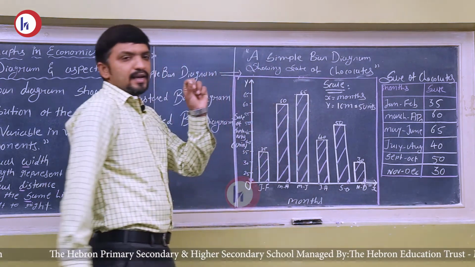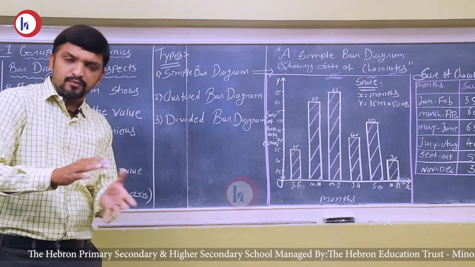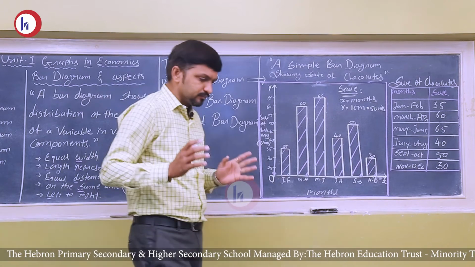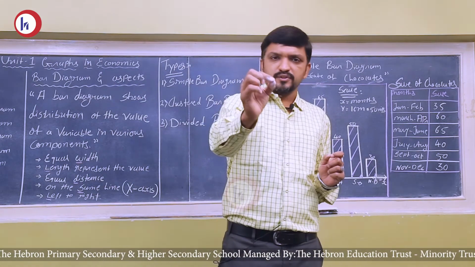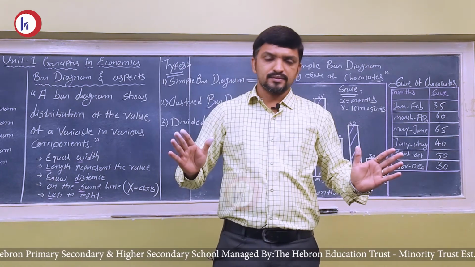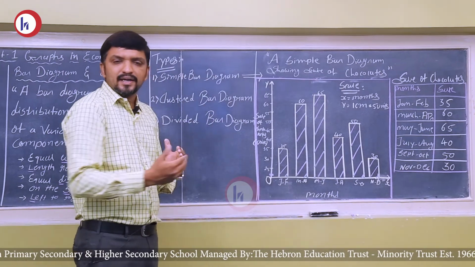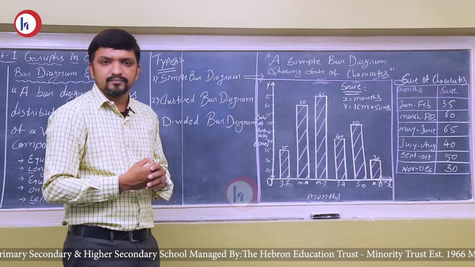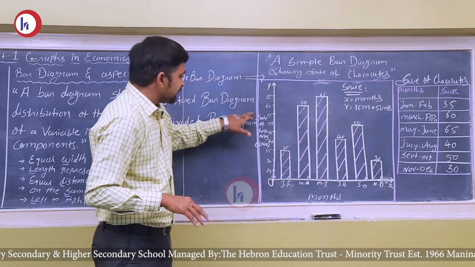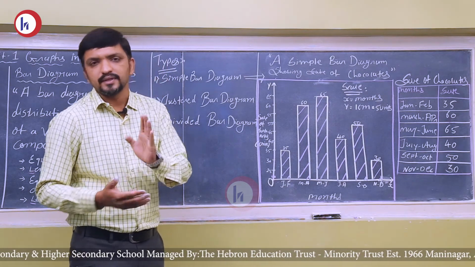Now, the last part of the bar diagram or any type of diagram is its analysis. Very first point will be same for all types of analysis, and that one will be in the above diagram we have presented months and sale of chocolates on x and y axis respectively.